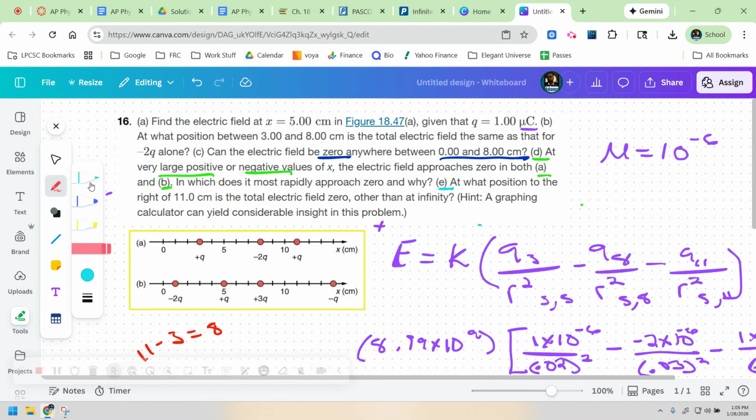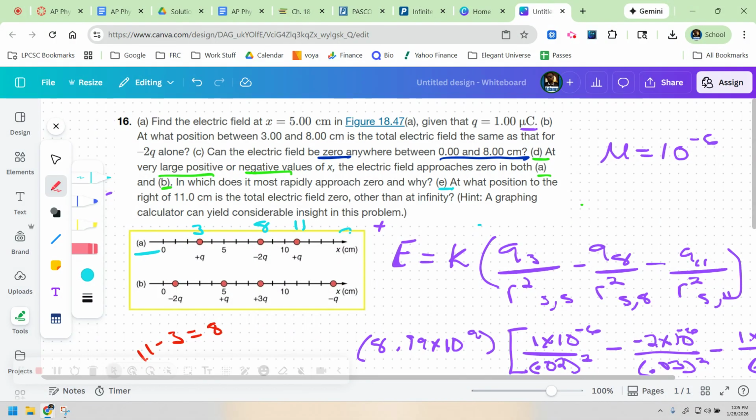For part E, it says, what position to the right of 11 centimeters has an electric field of 0? So they're saying, is that for A? Yeah, they don't say it's for A specifically, but when I look at the solution manual, we're dealing with 3 charges at 3, 8, and 11.